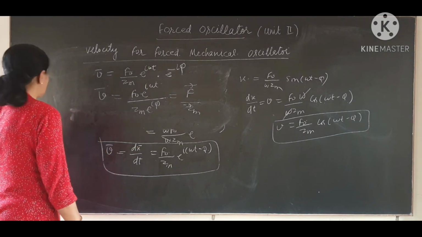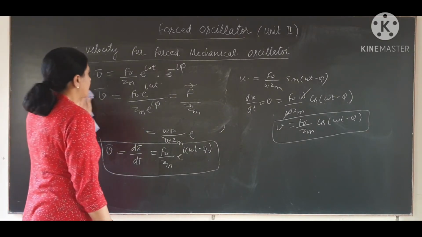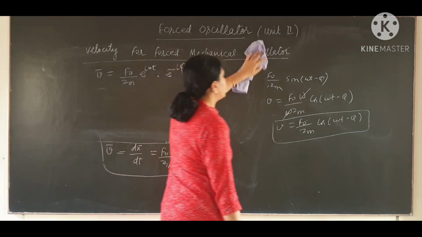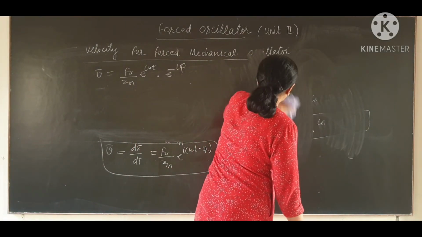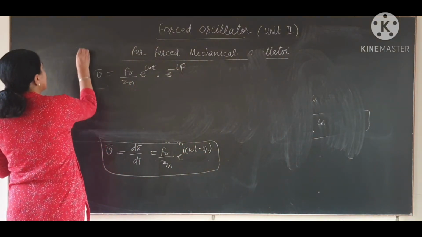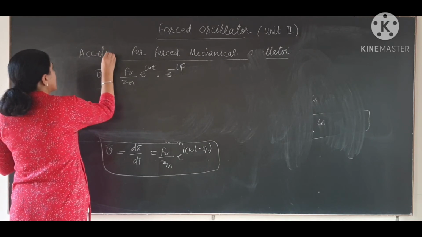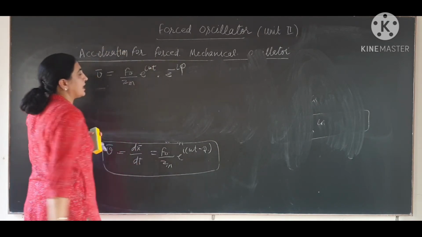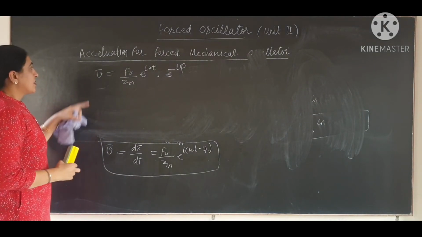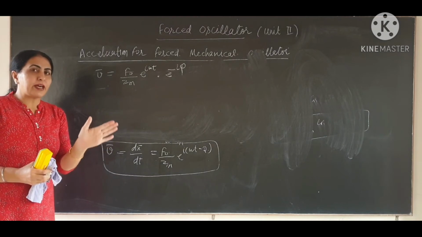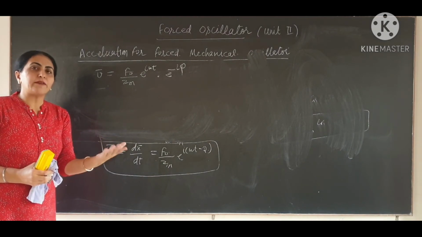Next is acceleration. How can you find acceleration for a forced mechanical oscillator? If you have displacement, you can differentiate it with respect to t, you will get velocity.